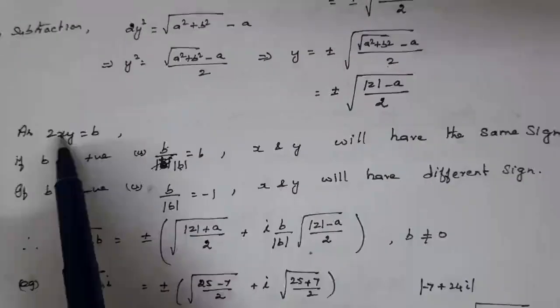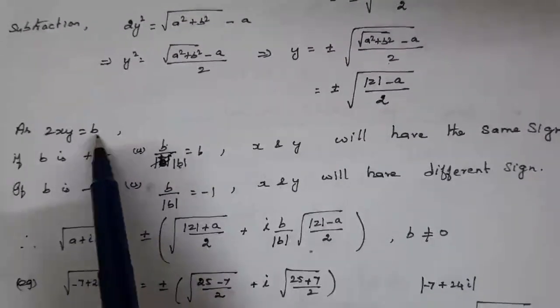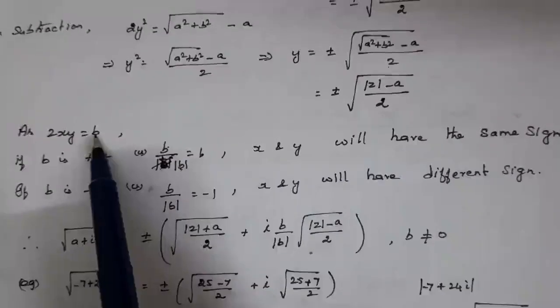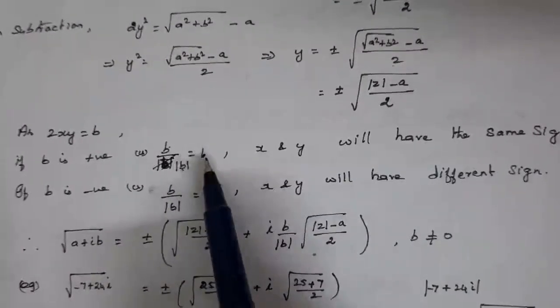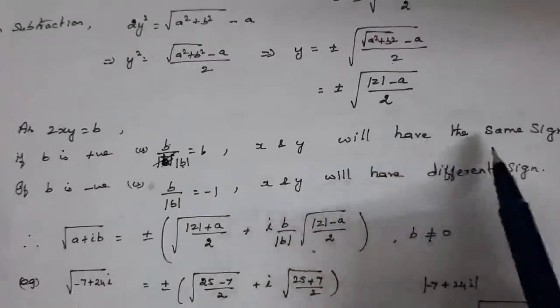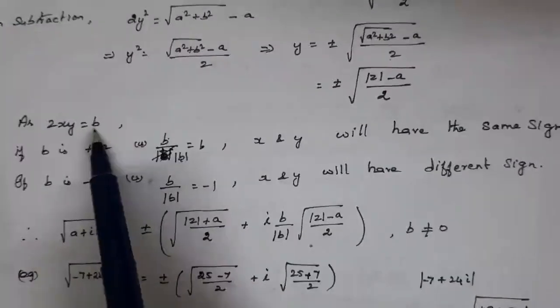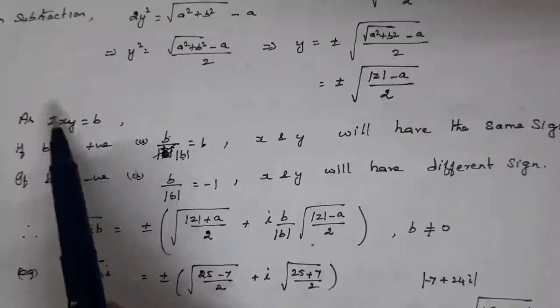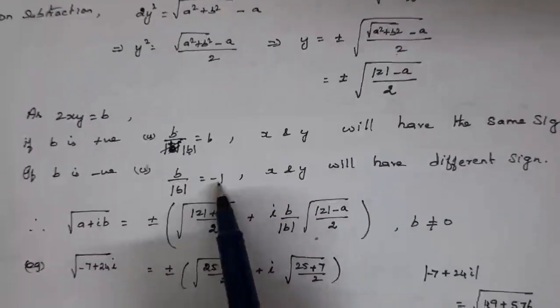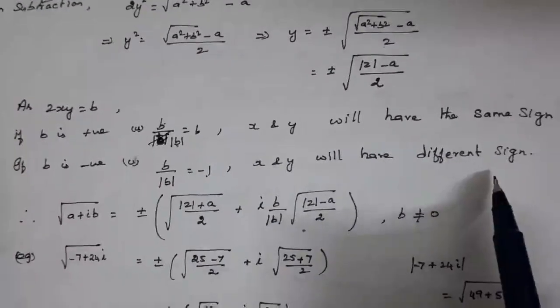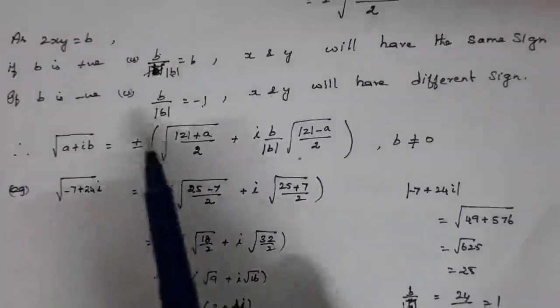That is, if x and y are positive, b will be positive, and if x and y are negative, b will be positive. So when b by modulus of b is equal to 1, x and y will have the same sign. If b is negative, x and y should have the opposite sign. When b by modulus of b is minus 1, x and y will have different signs.